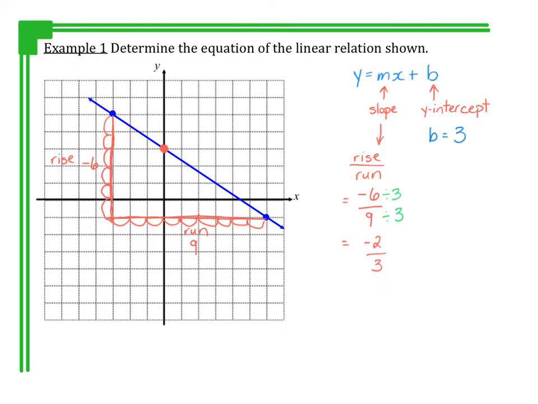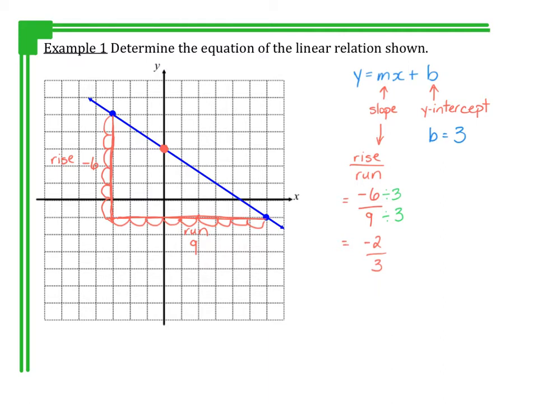We can now put both of these pieces of information together. What pieces of information am I referring to? We started off by determining the y-intercept of the line to be 3, and then we determined that the slope of the line is negative 2 over 3.